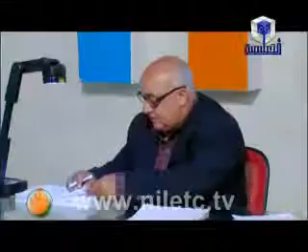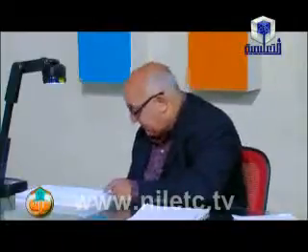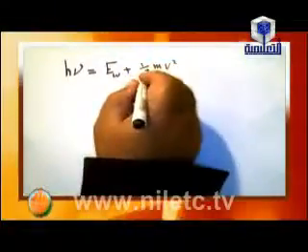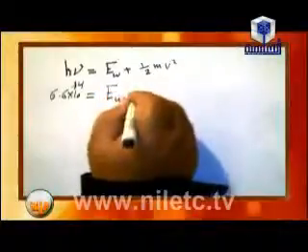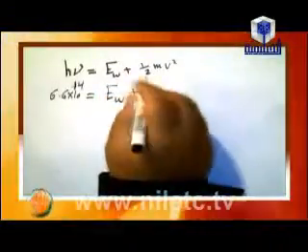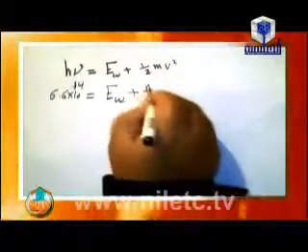The rule which is used to find the work function is h nu, this is the energy of the falling light, which is equal to the work function plus half m v squared, which is the kinetic energy of the electron. h nu equals W, the work function, plus half mv squared, which is the kinetic energy, equal to 1.6 times 10 power negative 19.